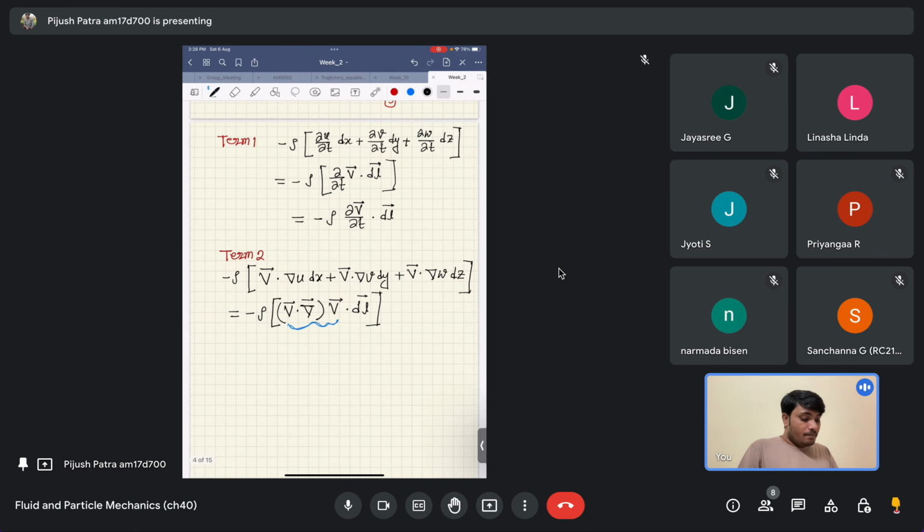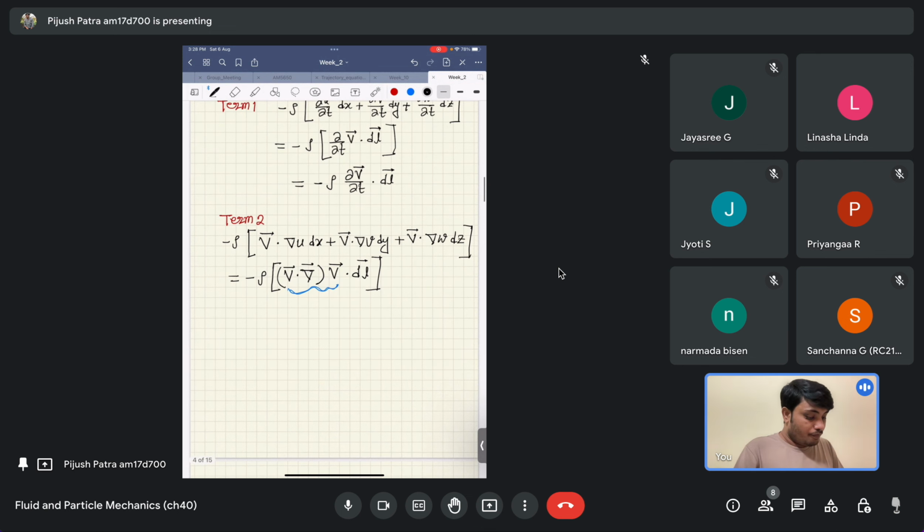Now I will use a vector identity. So this is essentially a vector, v dotted with gradient operator into v. When it is dotted with this dl, it is a scalar, but this entire quantity is a vector quantity. Now I will use an identity rule for this term, v dot gradient operator into v.